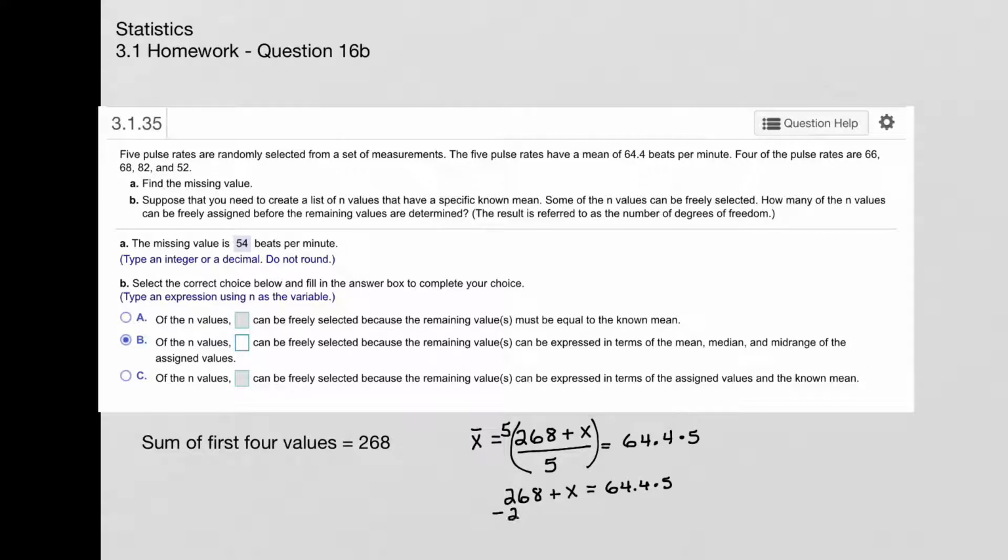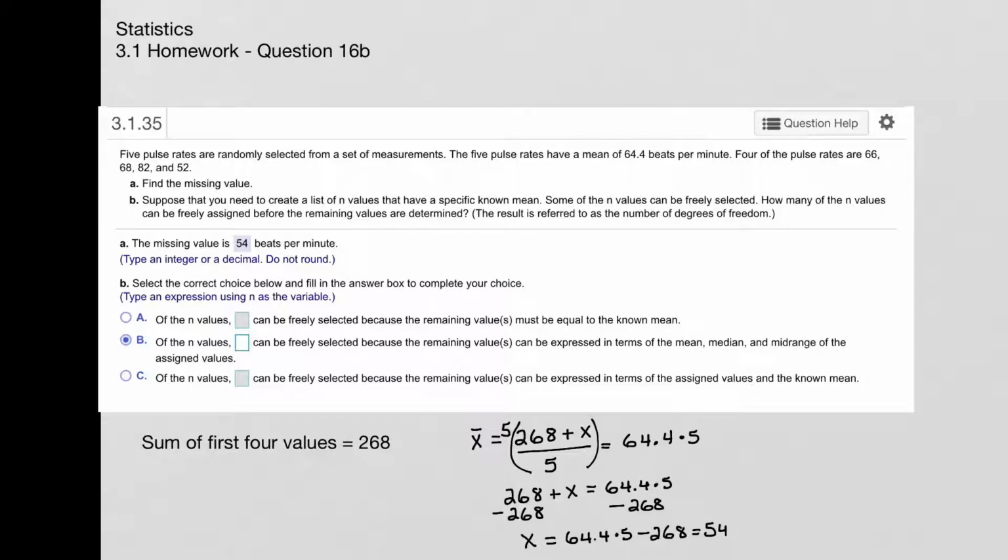And then I'll subtract 268 from both sides. And I find that x equals 64.4 times 5 minus 268, which turns out to be 54.